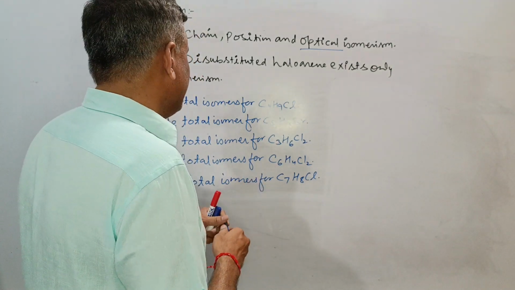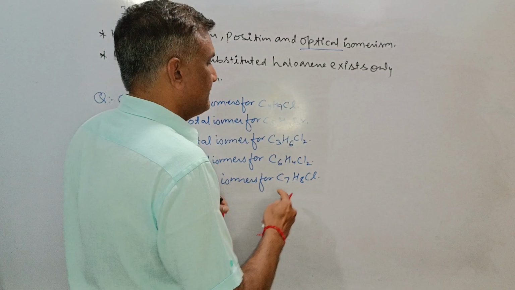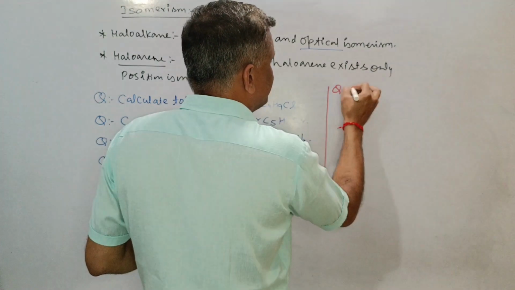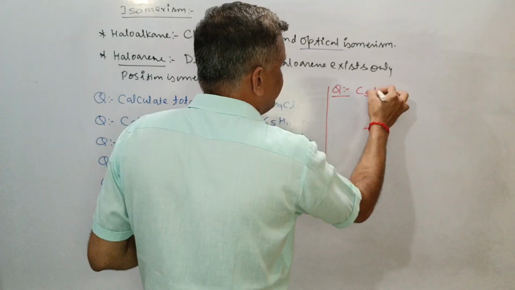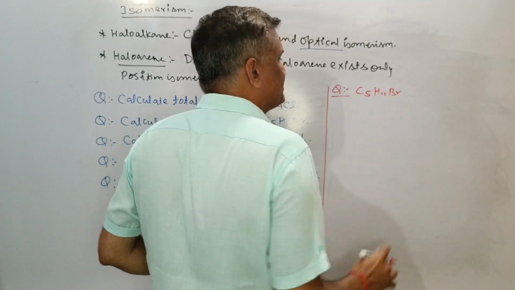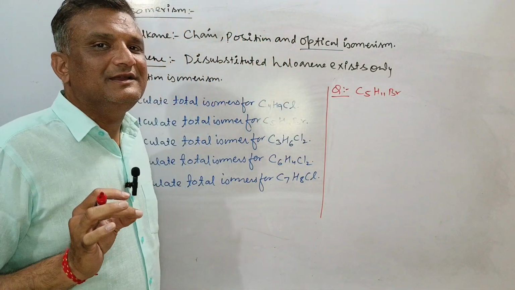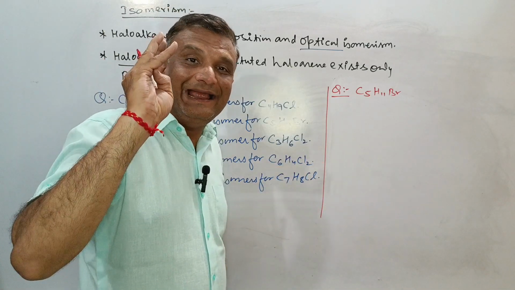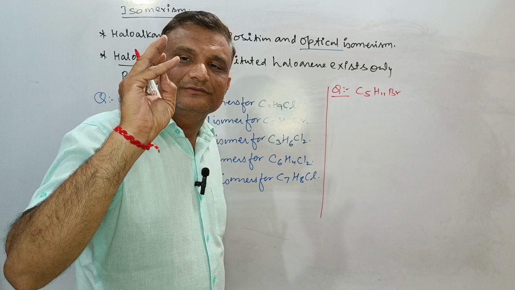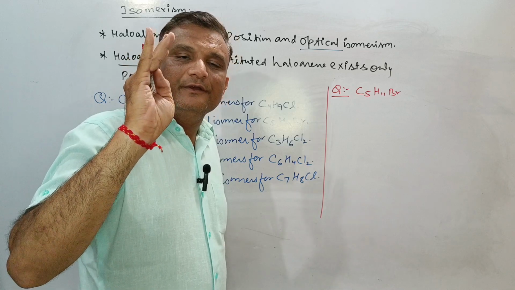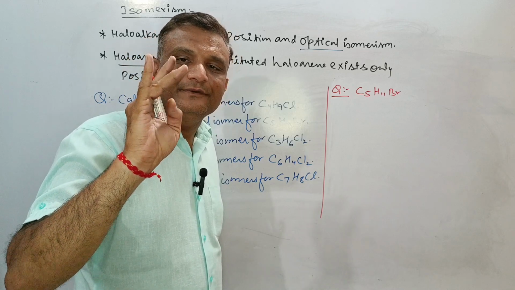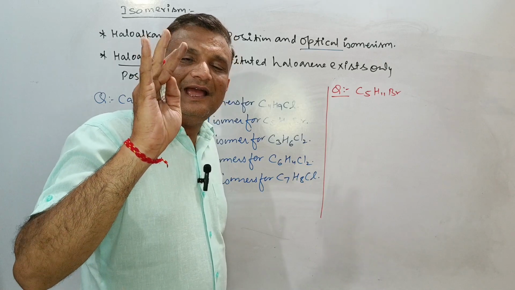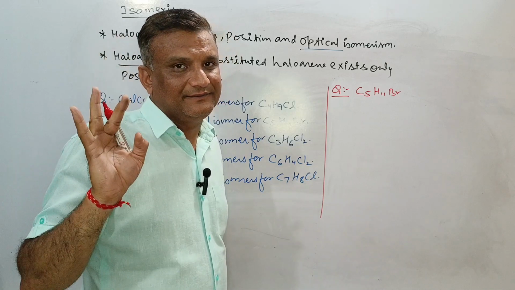So now question number second, C5H11Br, and we have discussed C5H11. It will have 8 substituents. What are they? n, iso, neo, further secondary active, iso secondary active, secondary active, and 3 degree.